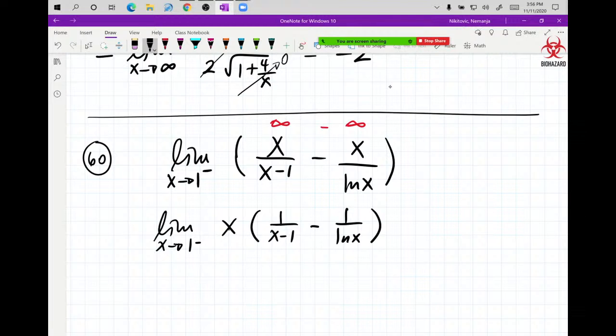And now, when I plug in 1, what I come up with here is 1 times, and this is 1 over 0 again, so infinity minus infinity.